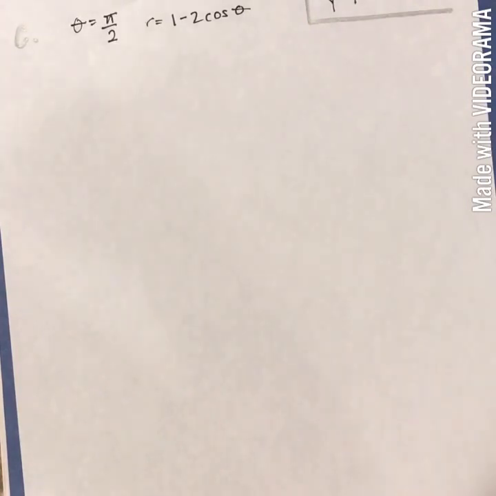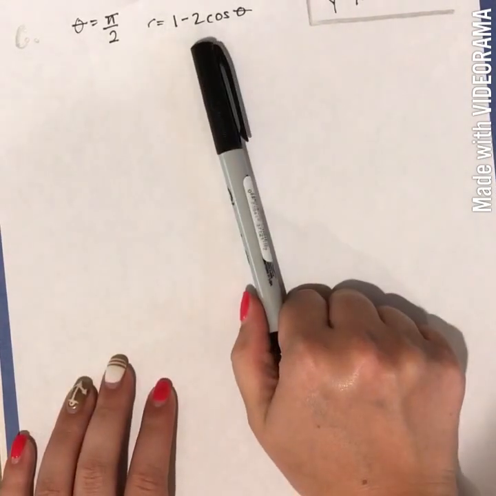First things first, we need to realize that we have got to find the slope. The only way we are going to find the slope is if we find the derivative of this r.